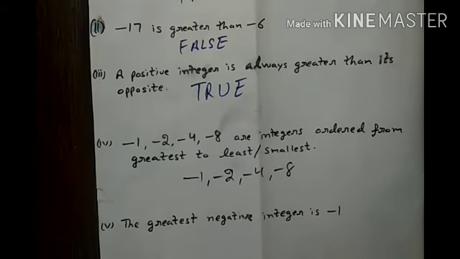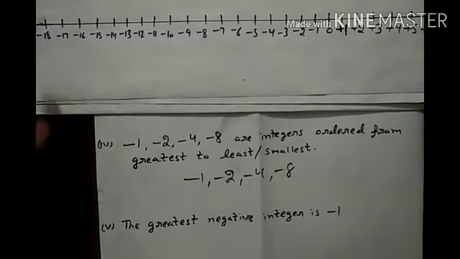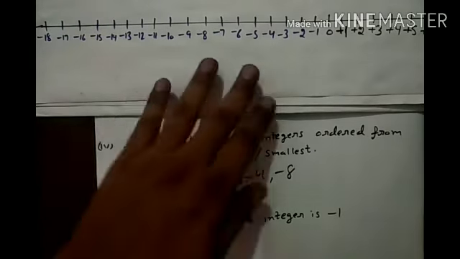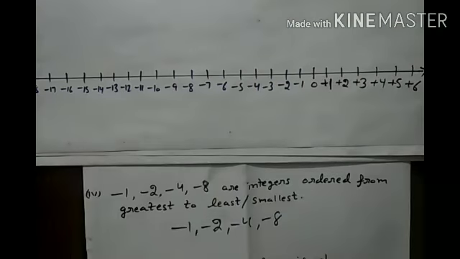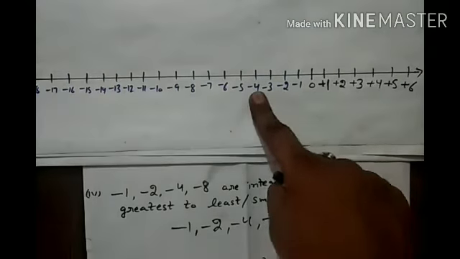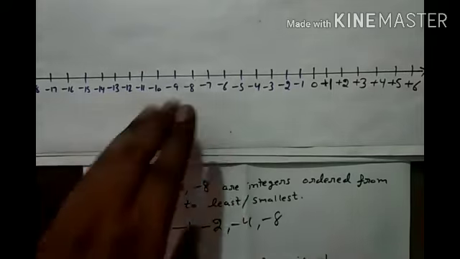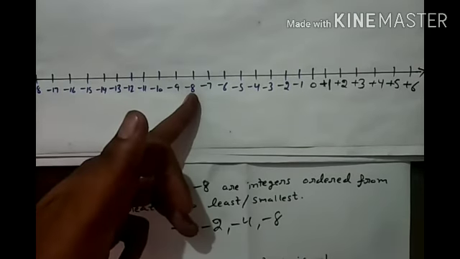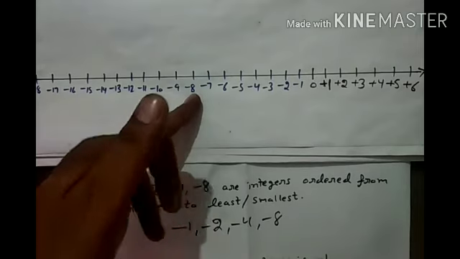For this I will again take the help of number line. All these are negative integers and we can see on the number line here minus 1, minus 2, minus 4 and minus 8. So which is on the leftmost? That is minus 8. Therefore minus 8 is smallest.